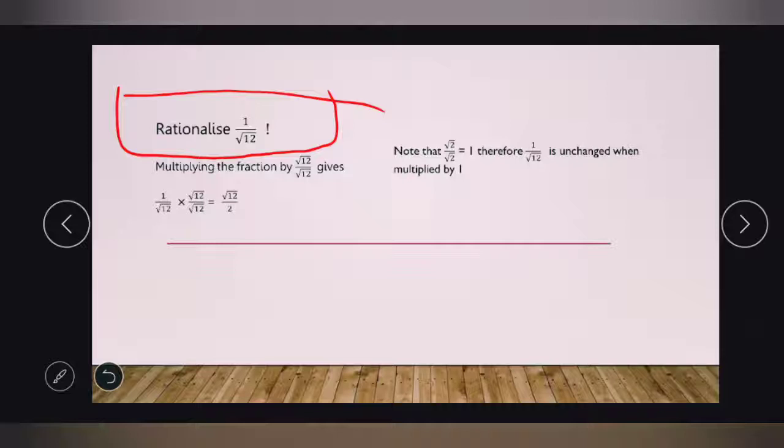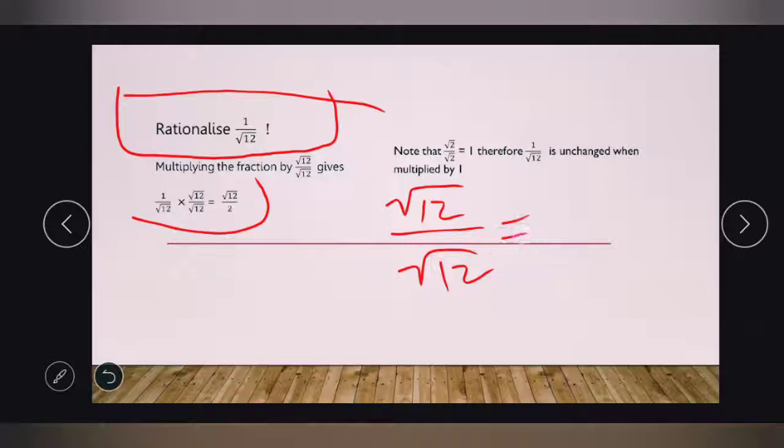Multiply by the square root of 12 over the square root of 12 times 1 over the square root of 12. Calculate, it can be the square root of 12 over 12. So, the square root of 12 over the square root of 12 is 1.